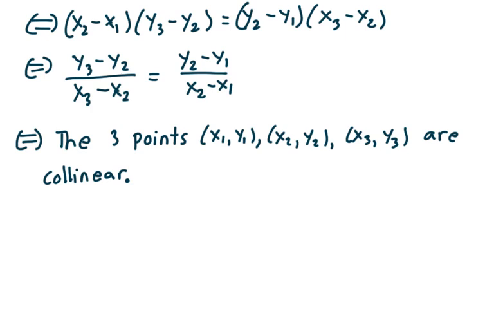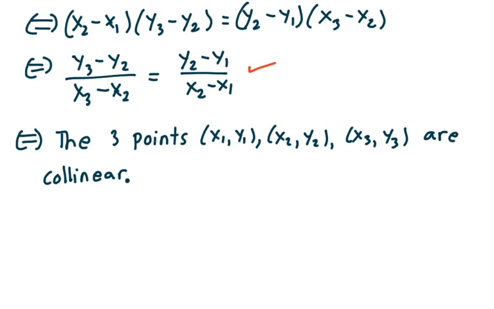So this is true if and only if (x2 minus x1) times (y3 minus y2) is equal to (y2 minus y1) times (x3 minus x2). This is true if and only if (y3 minus y2) over (x3 minus x2) equals (y2 minus y1) over (x2 minus x1).